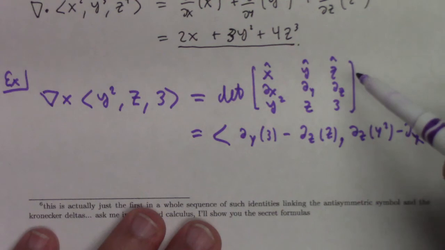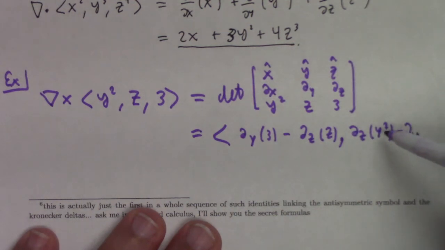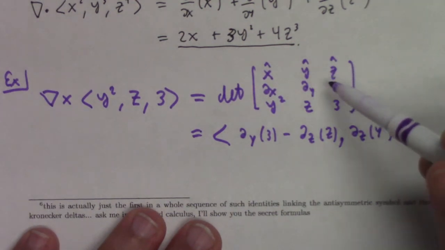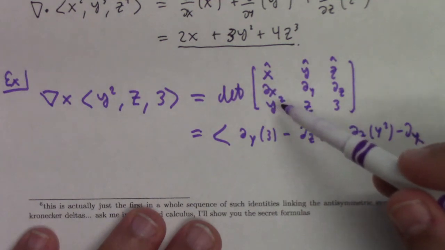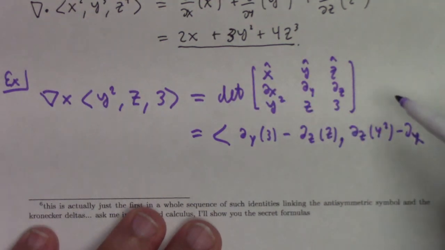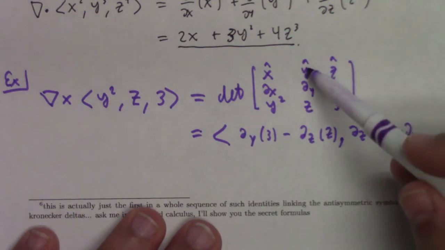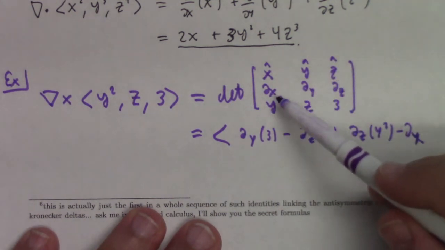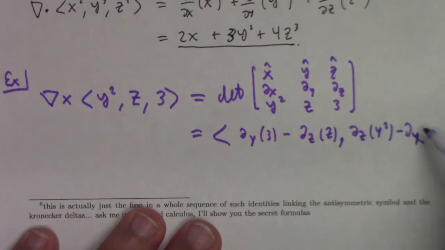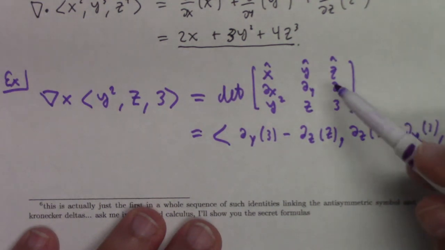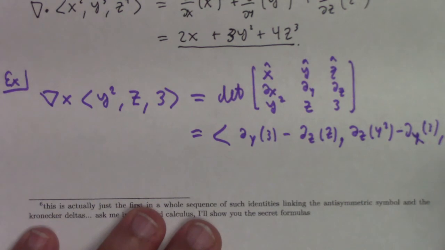It can involve a y squared here because that was the x component of the vector field. Anyway, partial x of, sorry, I lost my place. Y hat, partial z of y squared minus partial x of 3. And then z hat, partial x of z, minus partial y of y squared.